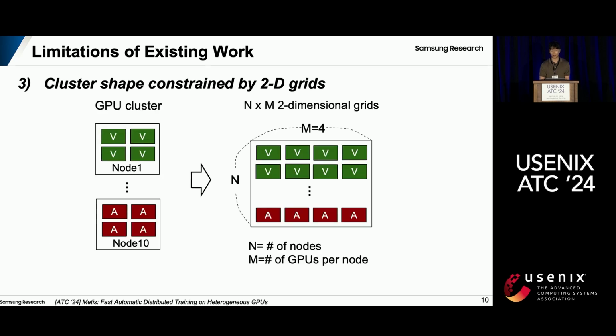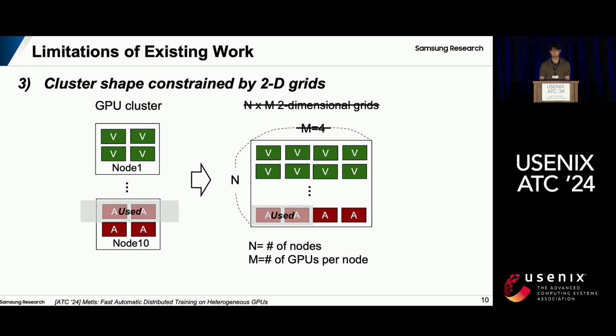Third, they have a limitation in exploring diverse cluster shapes. To simplify creating device groups, the existing work assumes that the number of available GPUs per node is all the same. So they abstract the GPU cluster as a two-dimensional grid, where n is the number of nodes and m is the number of GPUs per node.